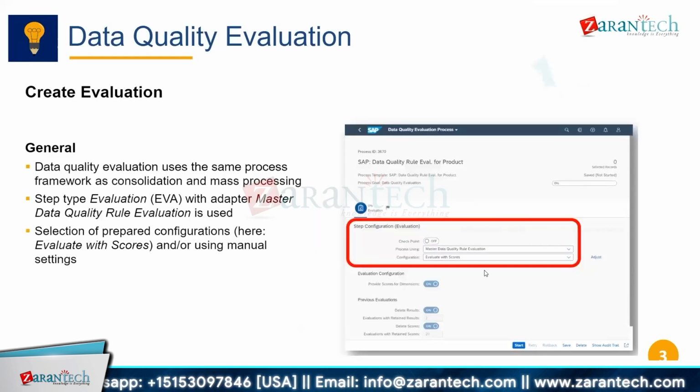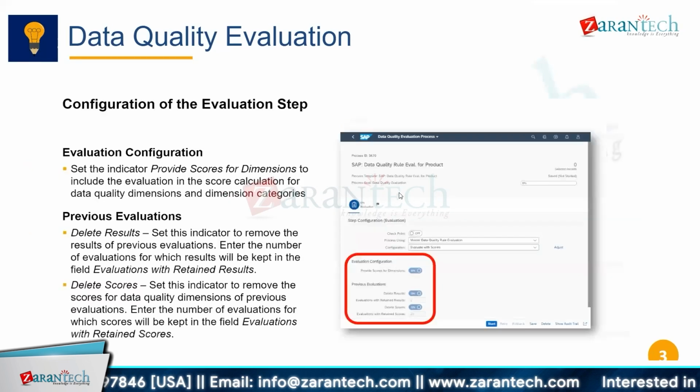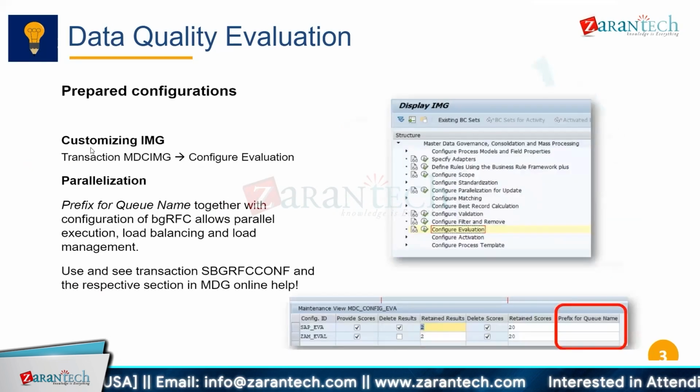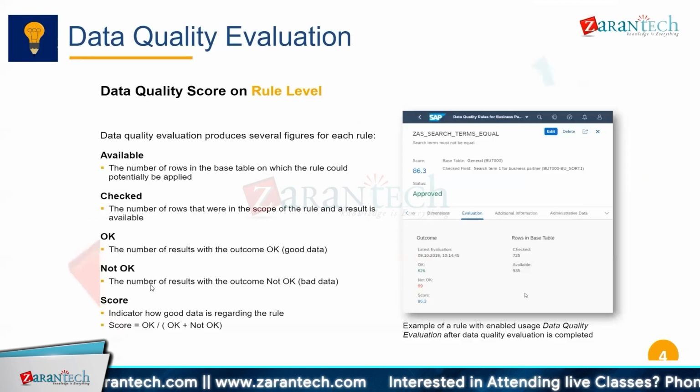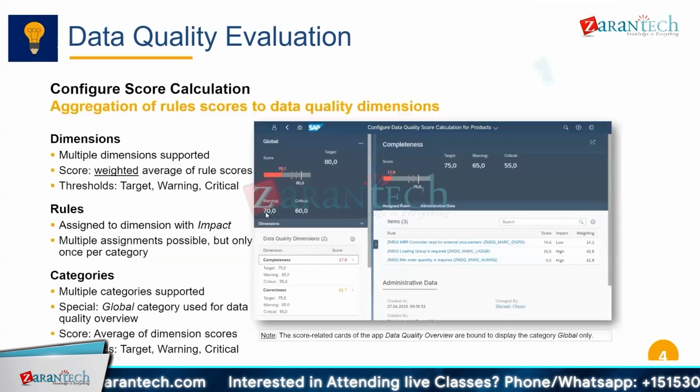And after that you can start this process, general data, create evaluation, etc. You can see this is also from MDC IMZ, similar to the mass process and consolidation. What is an OK record, what is not an OK record, what is scope, what is check. I think you can go through this document for everything.